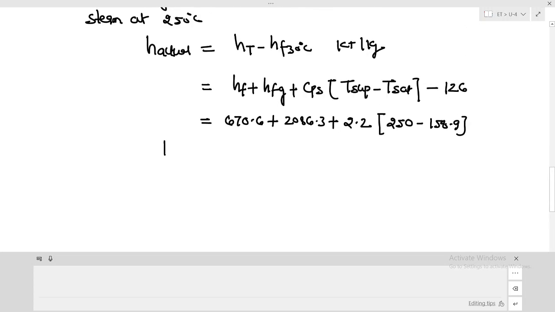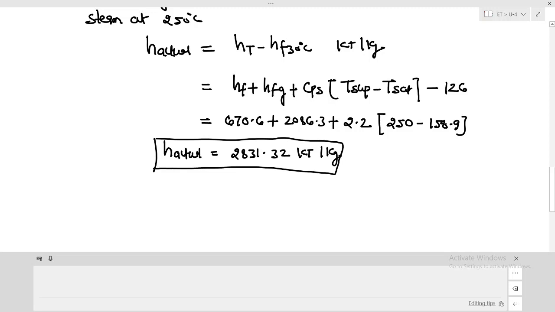So H actual, after calculation, you will get as 2831.32 kilojoule per kg.